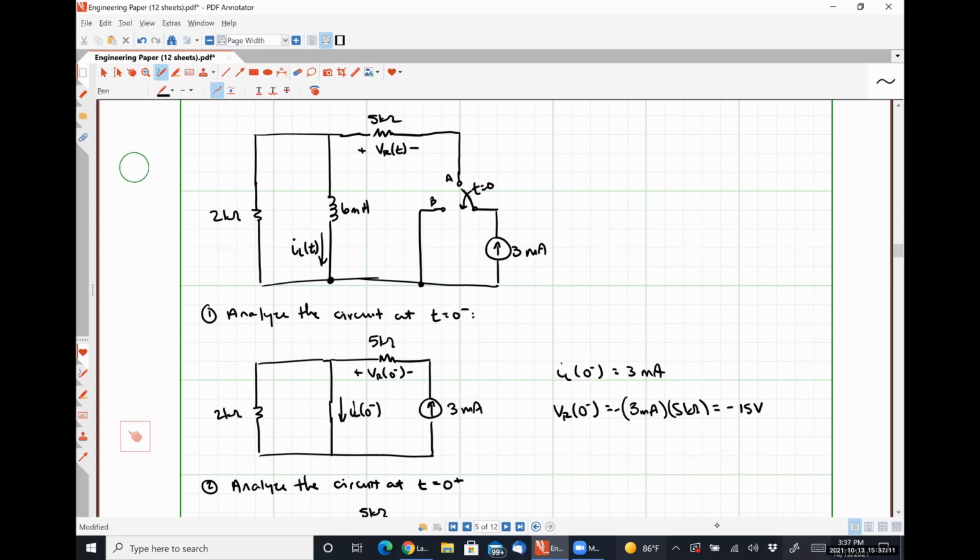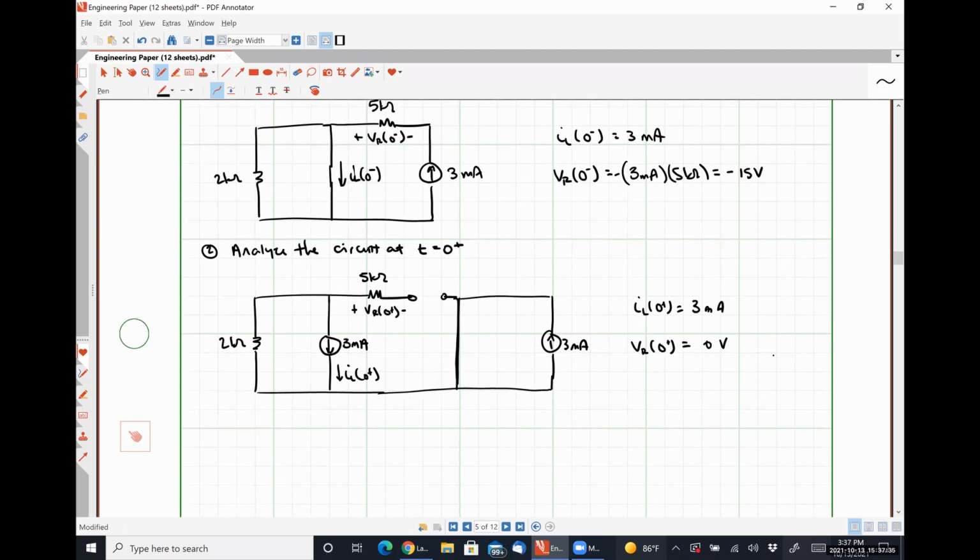This is how it was closed at t equals 0 minus. At t equals 0 plus, it pivots down and the current source is connected to just that short circuit. So the 3 milliamps flows around in that little loop on the right-hand side, but that leg of the 5 kilo ohm resistor is left open circuited now. Does that make sense?